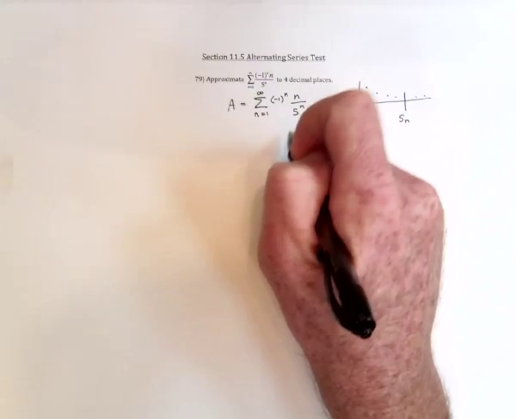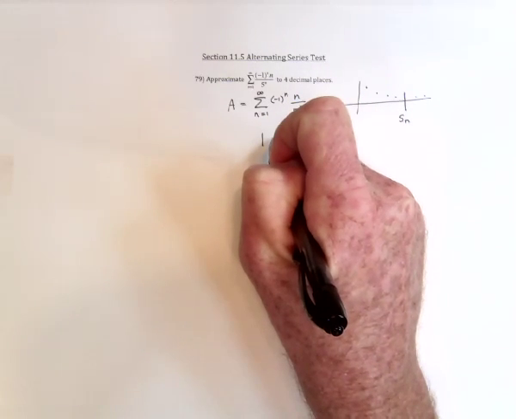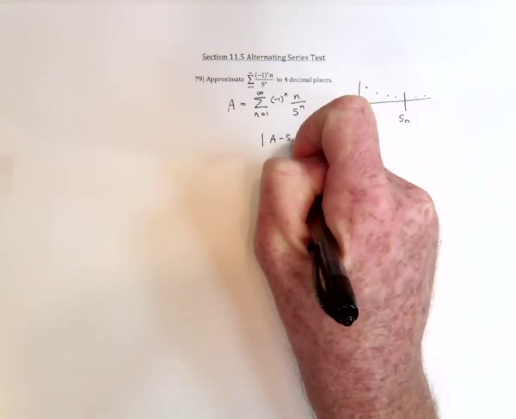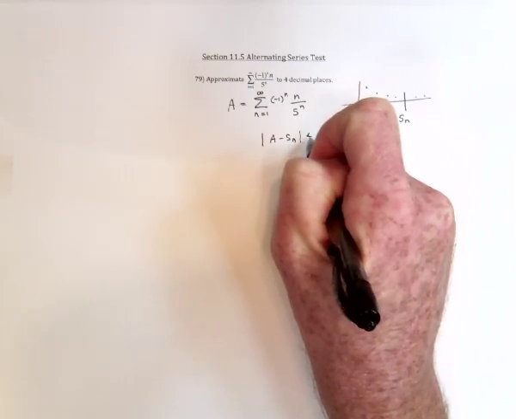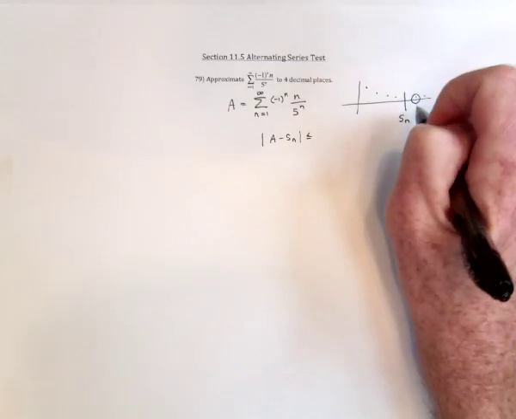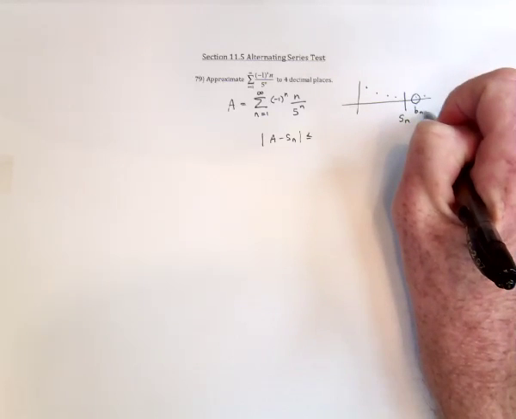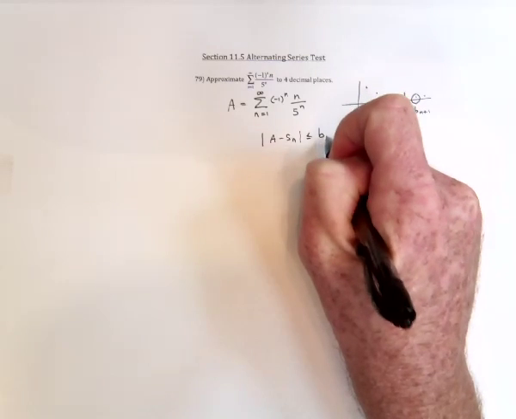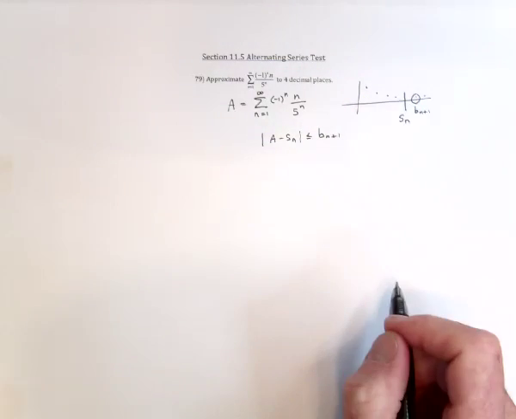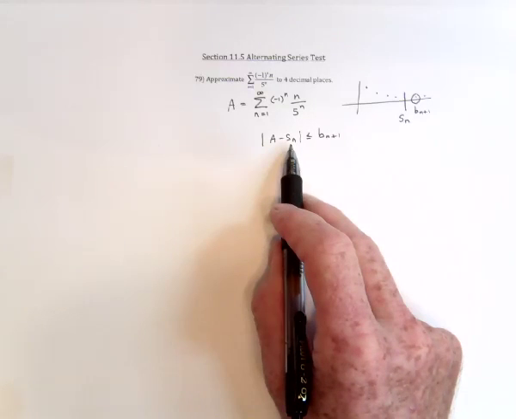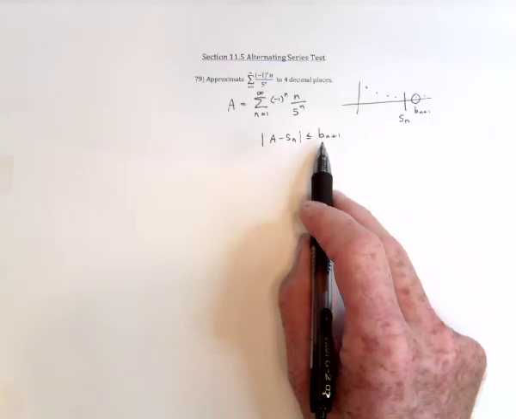So then it says the difference between the actual answer and your estimate is going to be less than or equal to whatever this next term is, b n plus 1.